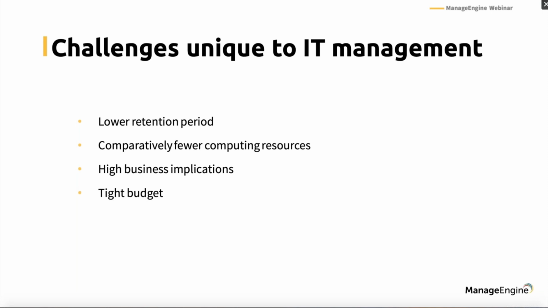So there is always less computing power, so your AI has to do more with less, both data and computing. And your IT is always very business critical. Think of it, your site has a 2-hour outage, and think of the kind of reputation loss and the monetary loss that is going to give you. An IT budget is generally very tight, unlike other budgets. So we'll have to operate on a shoestring budget.